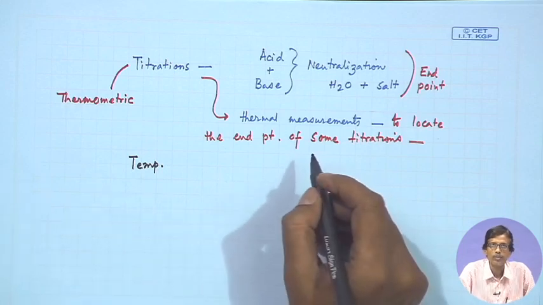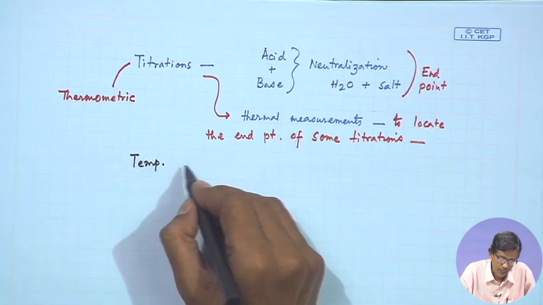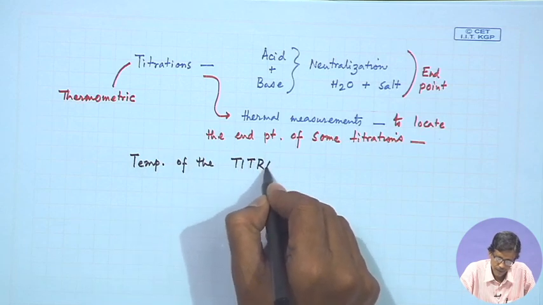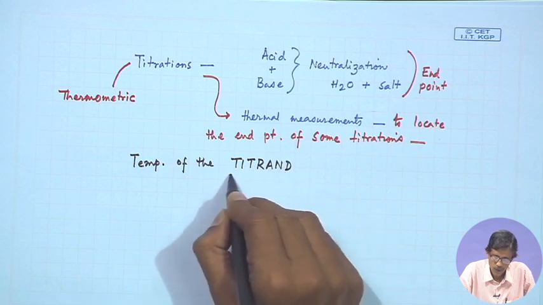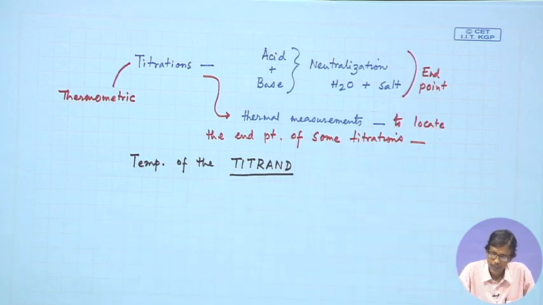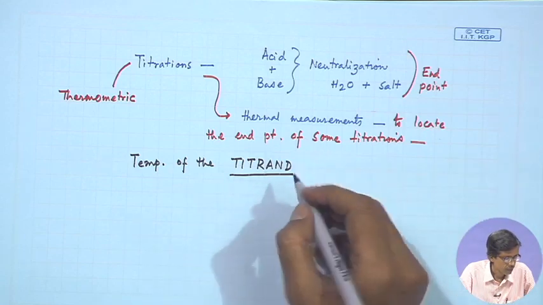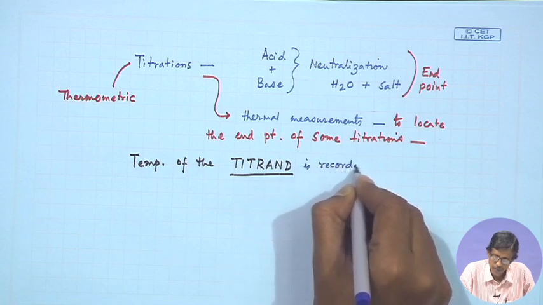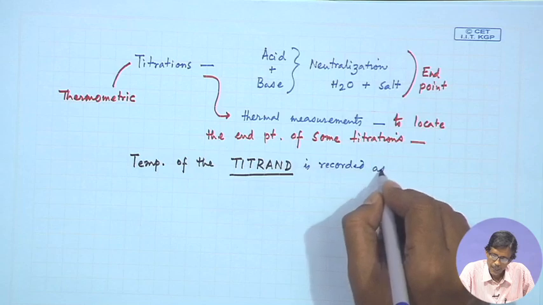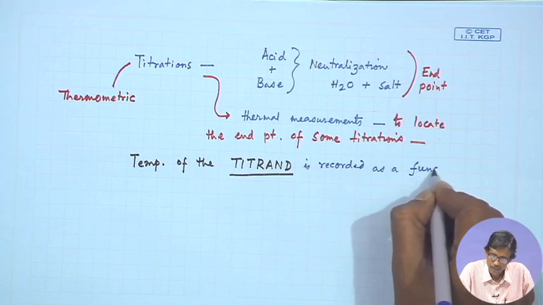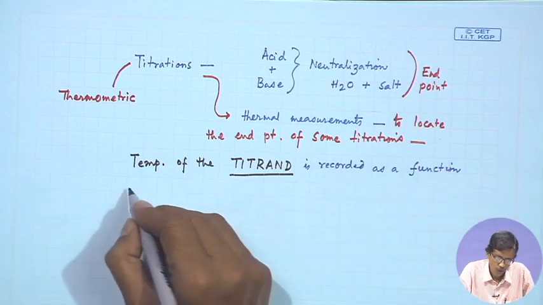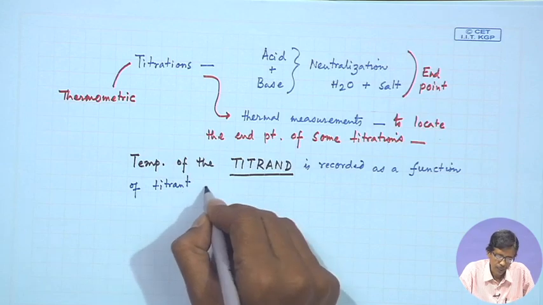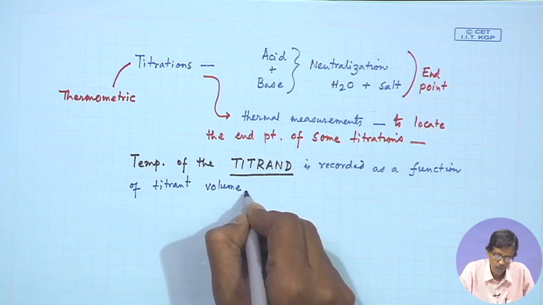So, again a calorimeter type of arrangement we can have. Remember it nicely, what we are monitoring: the temperature of the titrant can be monitored or is recorded as a function of titrant volume.